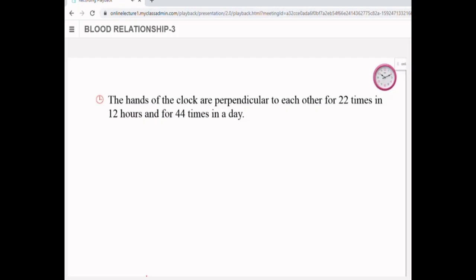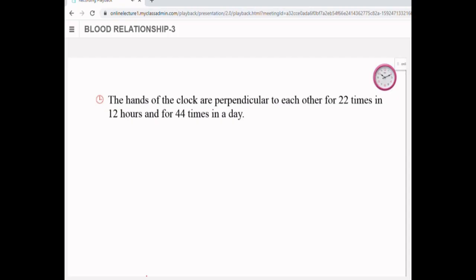So then next, roughly speaking, somewhere around 12:16 they are perpendicular. Exact time we'll calculate later. Then next it will be perpendicular at 12:50.